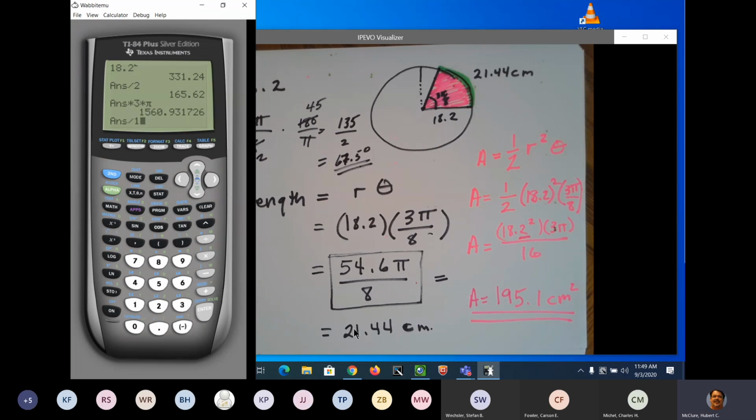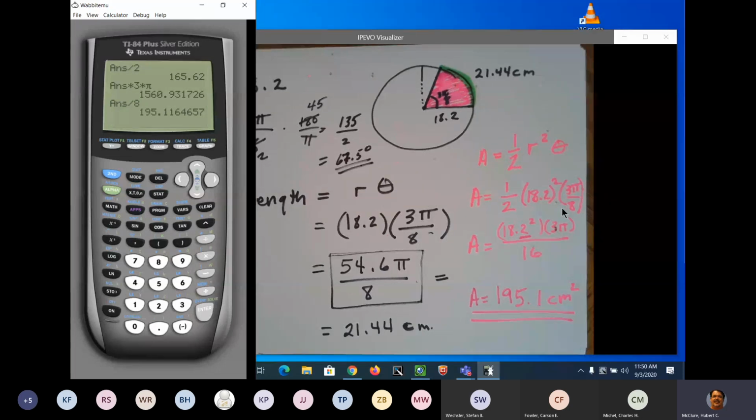Oh, no, you don't divide by 16. Divide by 8. There we go. You get the same answer. Whew! I'm beginning to think I'm crazy. Yeah, thank you, Mr. Parrish. Yeah, divide by 8 because I didn't multiply that 2 by. You understand? Okay, it works. It works both ways.